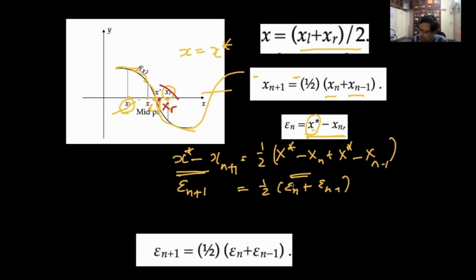So the error is definitely decreasing as a function of steps. This solution will always converge. It may be slow, it's a linear convergence, but it is guaranteed to converge.